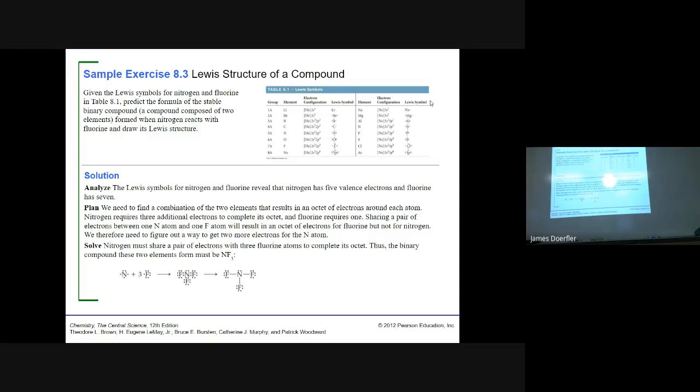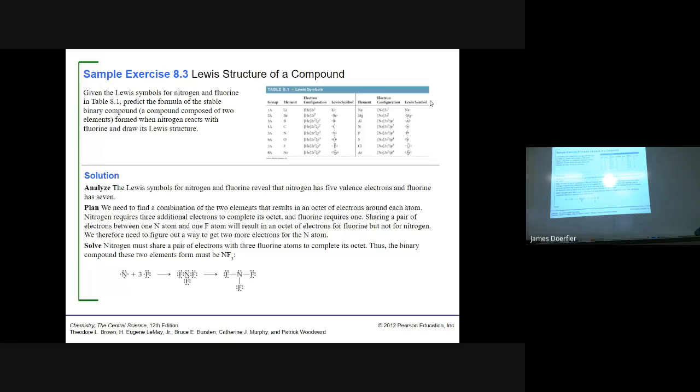Group 5. So how many valence electrons does it have? 5. Okay? And honestly, where I place those dots is somewhat arbitrary at the moment. It doesn't really matter as long as we represent them, because there's really no rhyme or reason where they need to go at the moment.